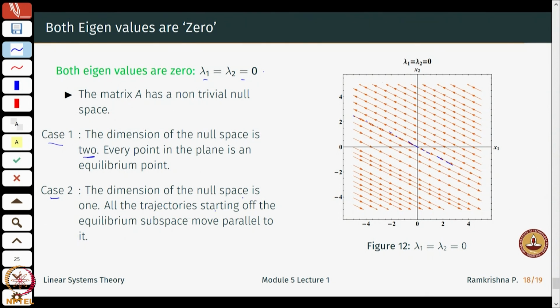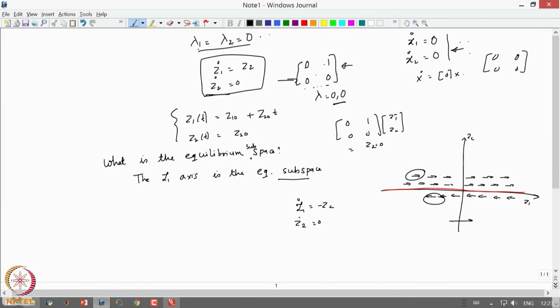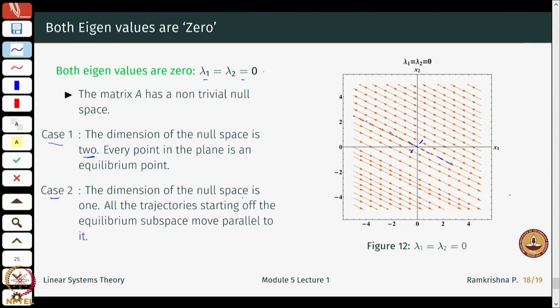All trajectories starting off the equilibrium subspace, either here or here, will just move parallel to it, similar to what we saw in the Z1 Z2 plane, and equivalently in the x1 x2 plane they will look something like this.